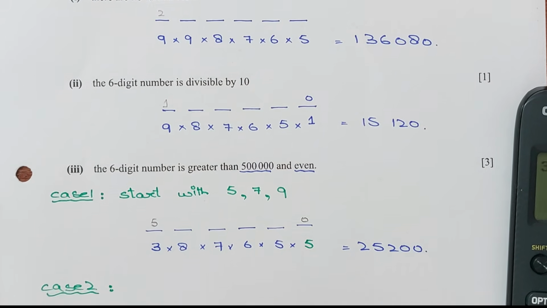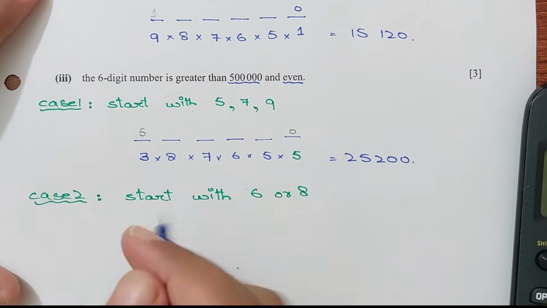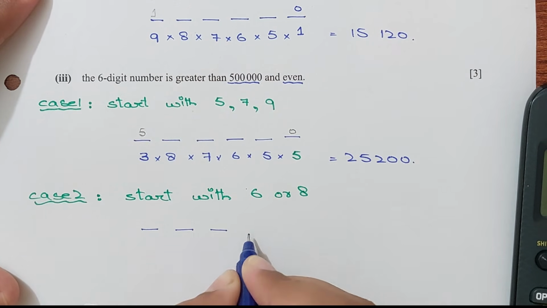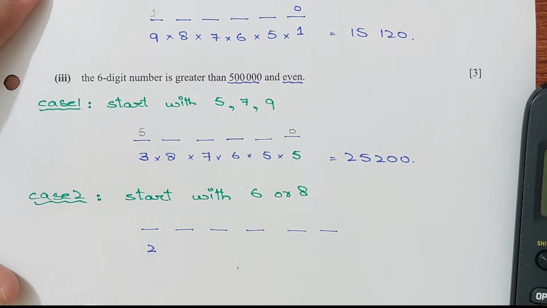Now for case 2, let me consider the overlapping case. Start with 6 or 8. Again a 6-digit number. There are 2 options for the starting number, 6 or 8, and both are even.